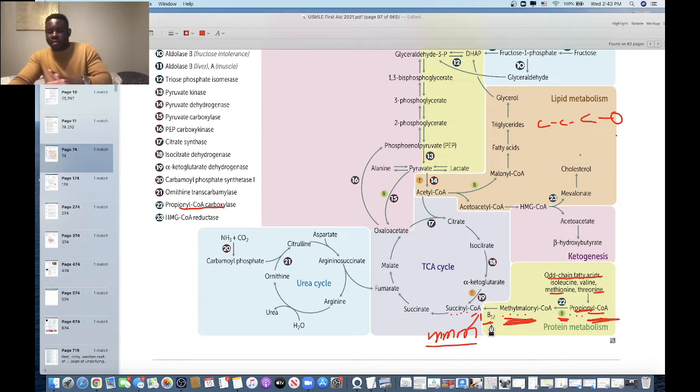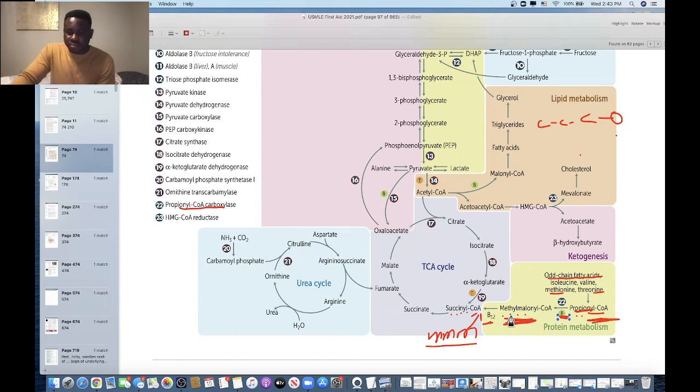The question will give you either that propionyl CoA is high, or both are high. If only propionyl CoA is high, the deficiency is at this level, and methylmalonyl CoA will be low or normal.